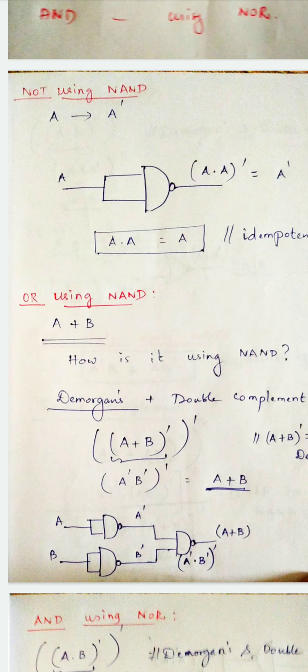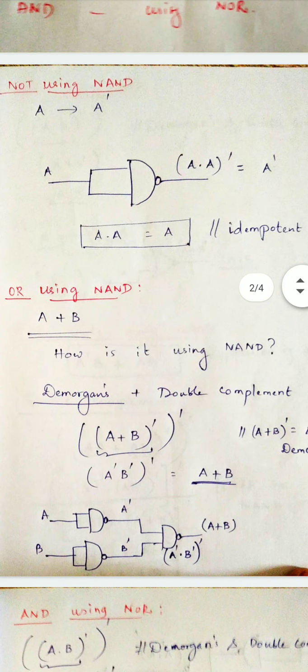Anyhow, in NOT gate you have one complement, but how can I get the product form? Yes, think in your mind. You have to apply your earlier learning. In the earlier class we learnt Boolean postulates or Boolean laws, and one law called idempotent law, which states A into A is equal to A. Now what do I need?